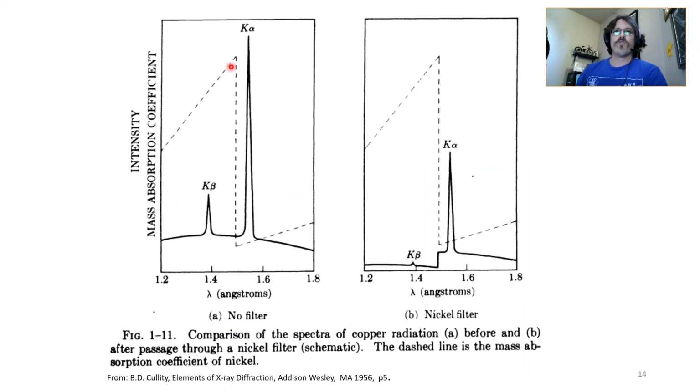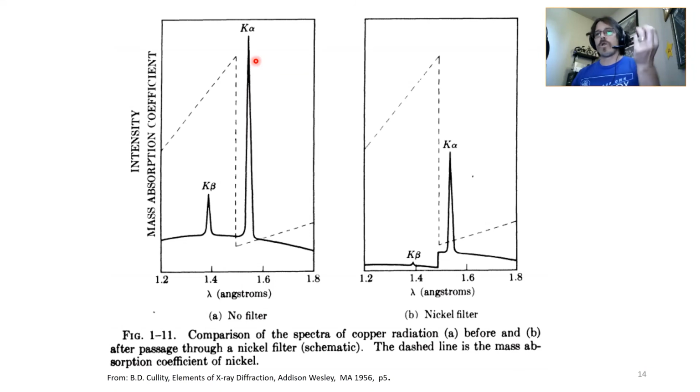If I overlay what we see for the absorption edge, nickel had a really good propensity to absorb radiation right here at the K beta area. But it was substantially decreased because of where the absorption edge lies, so K alpha can pass through. So what we're doing is essentially creating a K beta filter. We're filtering out the K beta, and we're only letting the K alpha pass through.